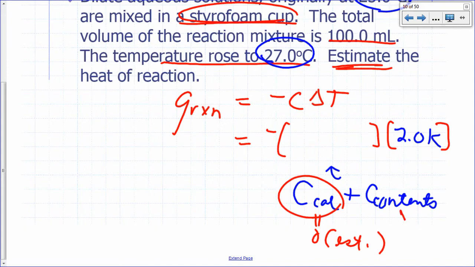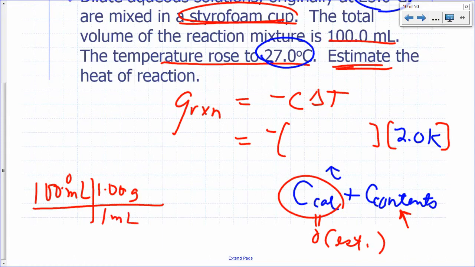What's the heat capacity of the contents? It's pretty much just the water, right? And what's our water here? 100 mils of water is how many grams? What's the density of water? 1 gram per mil. Okay. And what's the specific heat of water? 4.18 joules per gram Kelvin.